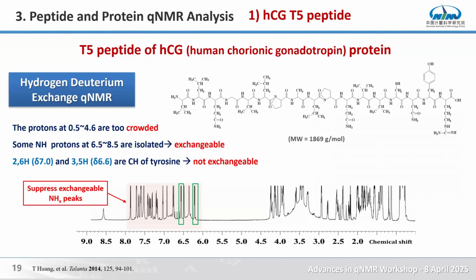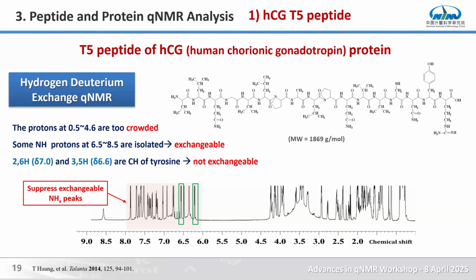Huang in 2014. Proton exchange is a general technique for NMR identification, but it's rarely used in qNMR. In this method, proton exchange was applied to remove unnecessary peaks of peptides and to make quantitative peaks isolated.